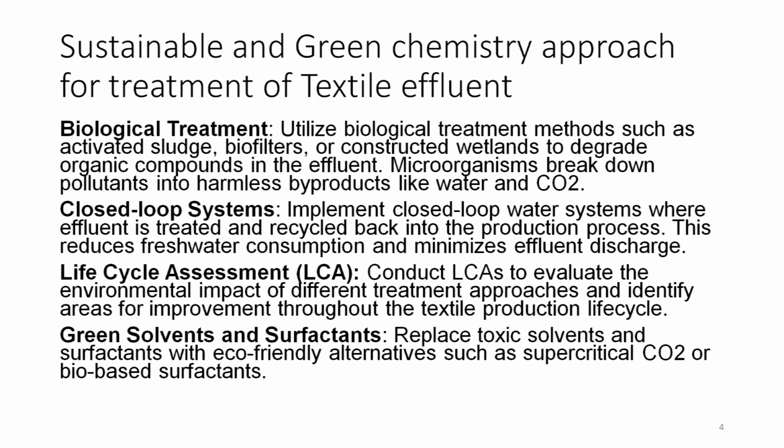Implement closed loop water system where effluent is treated and recycled back into the production process. This reduces freshwater consumption and minimizes effluent discharge. So, wherever it is possible, the recycling of the water should be encouraged by closed loop system. That way there will be less of textile effluent generated in the first place.